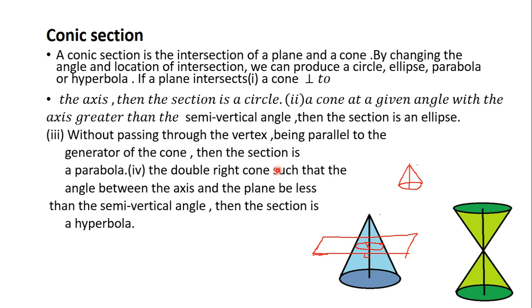If the plane intersects the double cone so that the angle between the axis and the plane is less than the semi-vertical angle, then the section is the hyperbola.